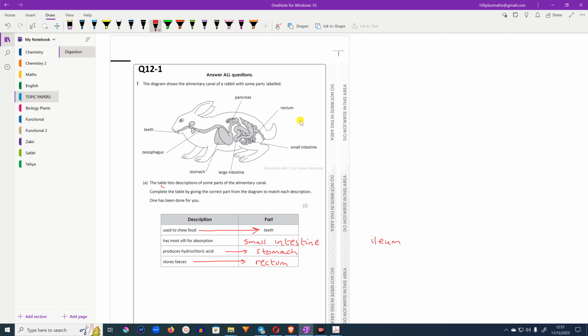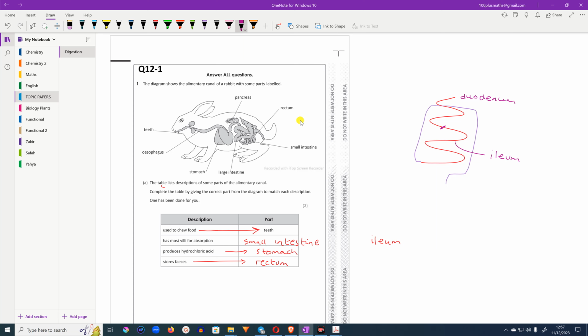So remember what we said, right? You've got your small intestine, you've got your large intestine, it goes up, down, and round. So we said the first part of the small intestine is called the duodenum. The second part is called the ileum.